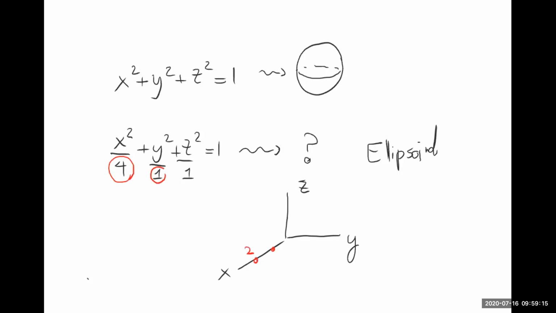The square root of this number is 1, and the square root of this number is also 1. It means our ellipsoid would pass through these points. So it's more extended in the x direction than a sphere. It's more like an egg in the x direction. So when we divide x squared by a number, that's what we get.